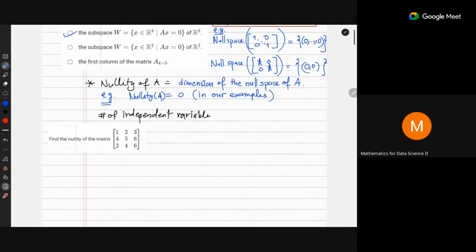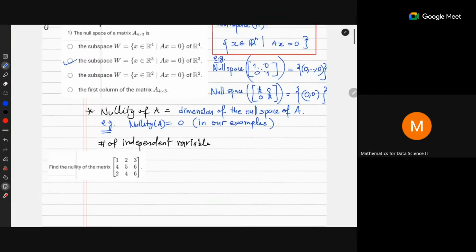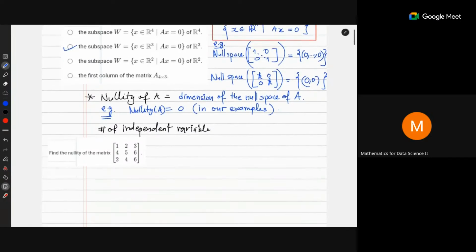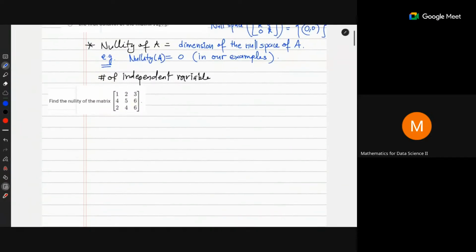Okay. So now let's recall these two concepts by solving the problem given on the left hand side. Let us first recall what nullity is. Nullity is nothing but the number of independent variables that you get in the RREF form.